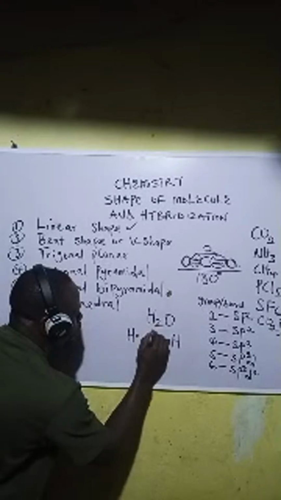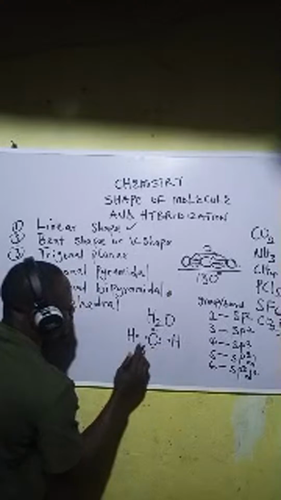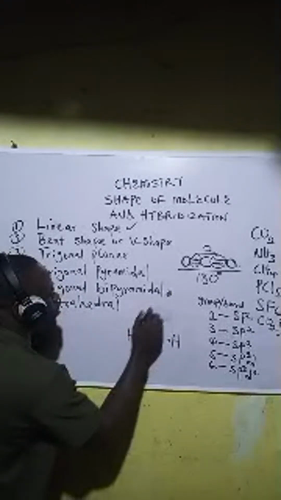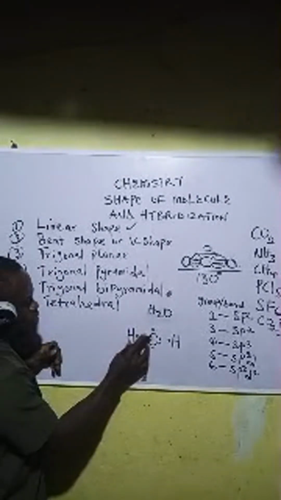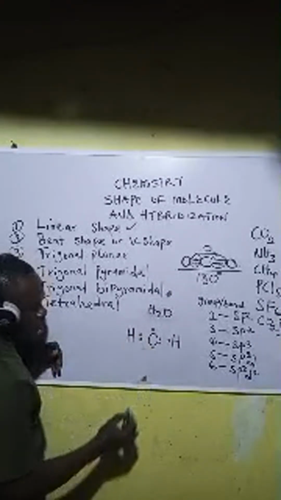1, 2, 3, 4, 5, 6. Are you following? 6 valence electrons. Now what will happen is that this one will pair with this one to be complete. Are you following?